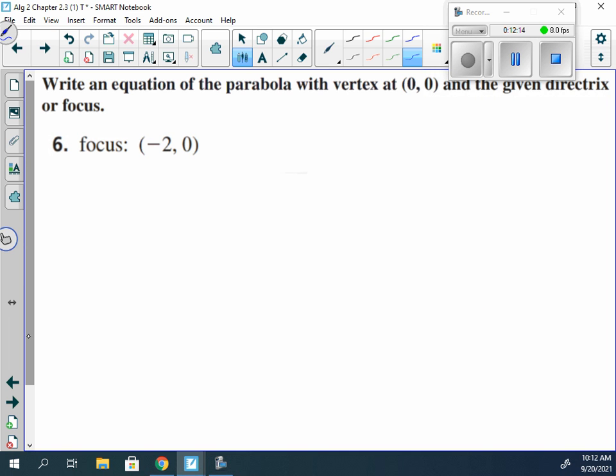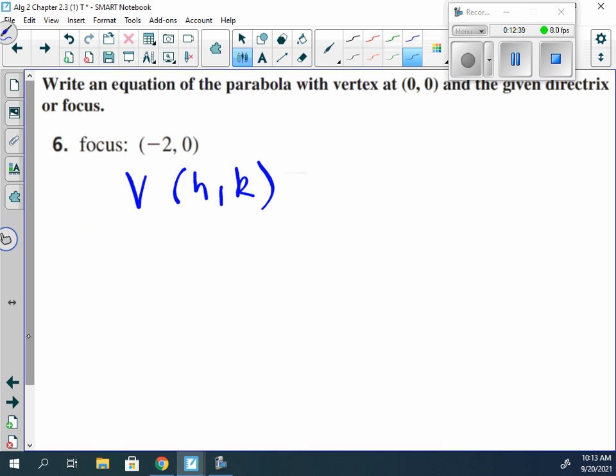Well, okay, so they told us the vertex is 0, 0. Now they tell us the focus is negative 2, 0, yes? Now, when we look at either one of the general forms, I'll write them up here on the board. But the vertex is h comma k, no matter which one we use, yes?